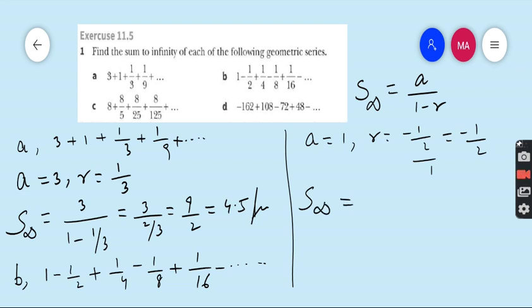Hence the sum to infinity is a upon 1 minus r. r is minus 1/2, so minus minus is plus 1/2. 1 plus 1/2 is 3/2 and the reciprocal of 3/2 is 2/3. This is our final answer. So 2/3 is the sum of part B. Move to part C.